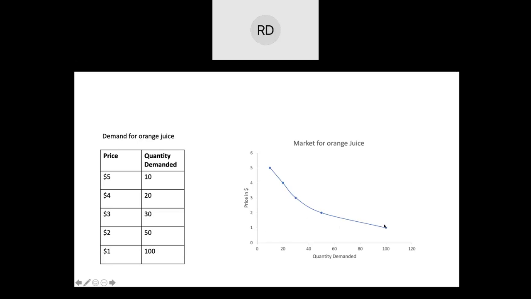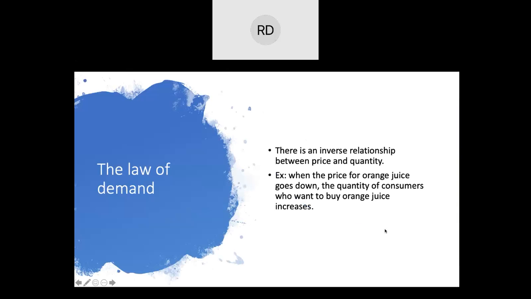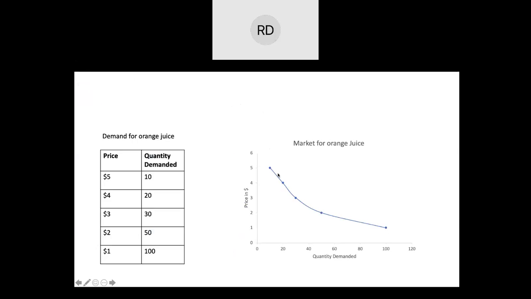And when that orange juice costs $1, we have up to 100 people who want to purchase that one orange juice. So as the law was saying, there is an inverse relationship between price and quantity. We see it right here. The price is up, not many people want to buy this product. The price is low, a lot of people want to buy this product, right? That was the law of demand.